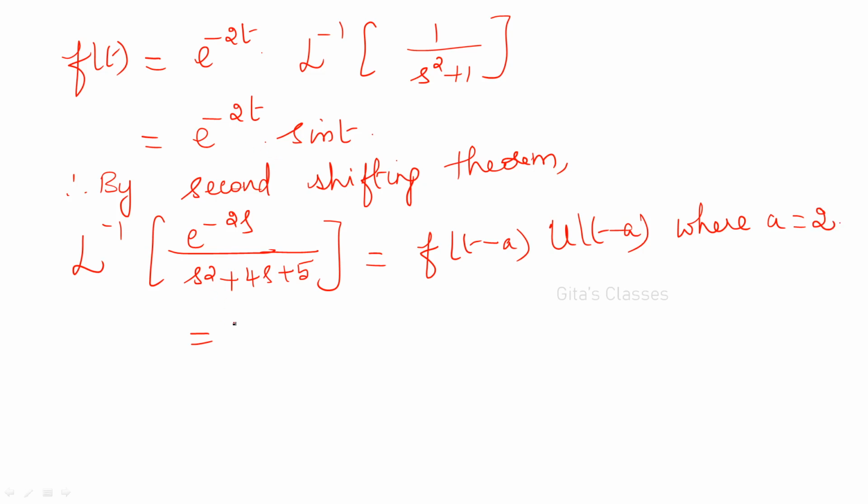So f of t is e power minus 2t into sine t, and wherever you have t, replace it by t minus 2. So e power minus 2 into t minus 2, into sine of t minus 2, into u of t minus 2. This is the answer.